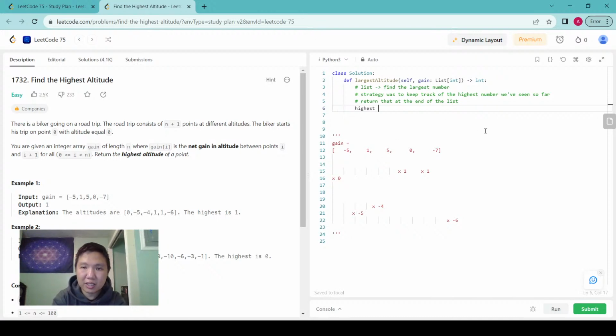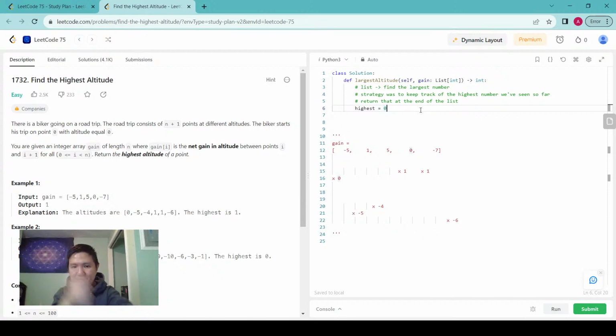We're still going to keep the highest, and it's going to be at 0 initially, because the starting point is 0. But the difference is, now instead of looking at the value of each integer, we have to calculate what the next altitude is.